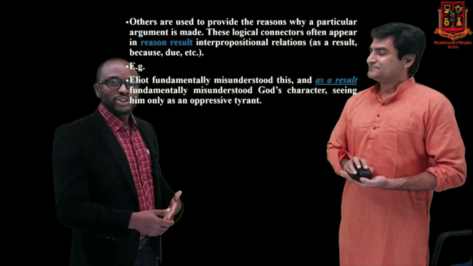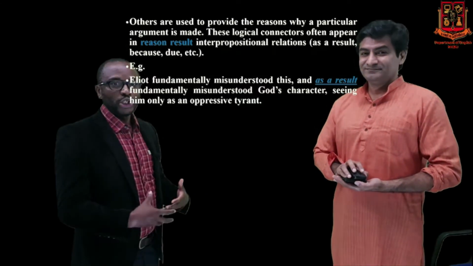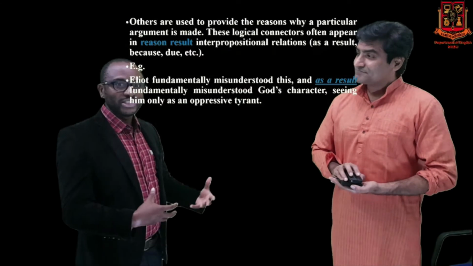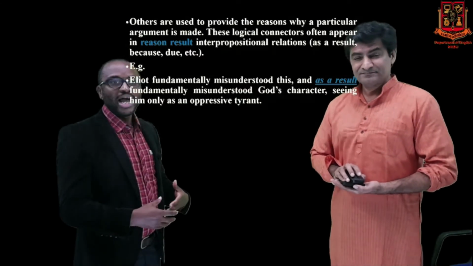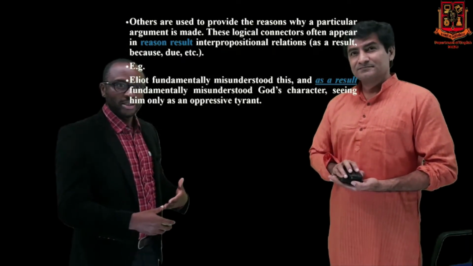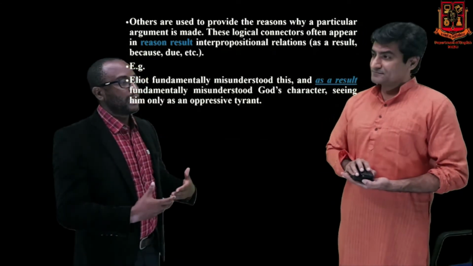Others are used to provide the reason why a particular argument is made. These logical connectors often appear in reason-result interpropositional relations: as a result, because, due to. It means you are giving a reason for making a given argument.